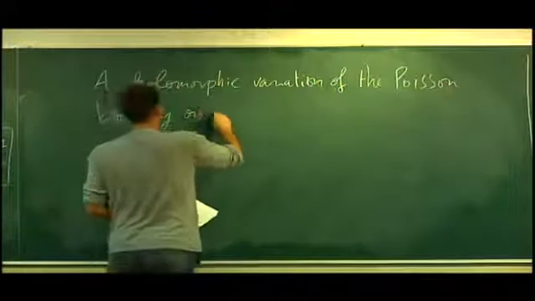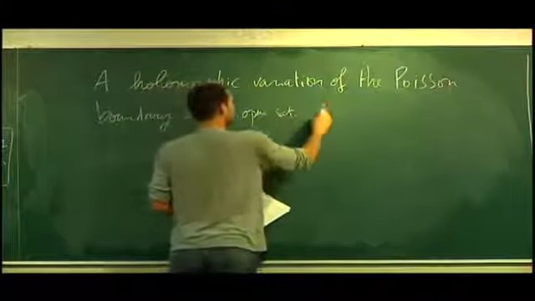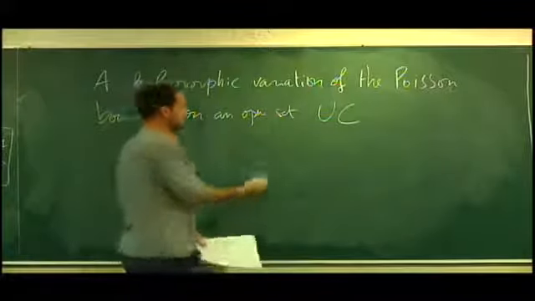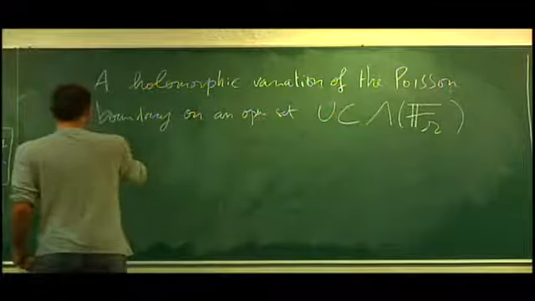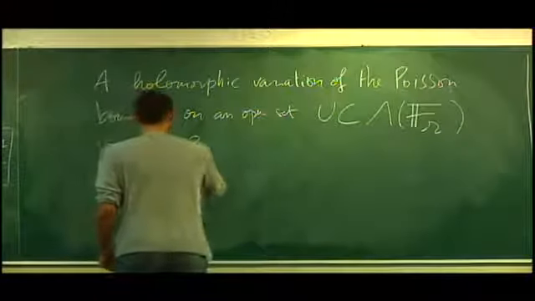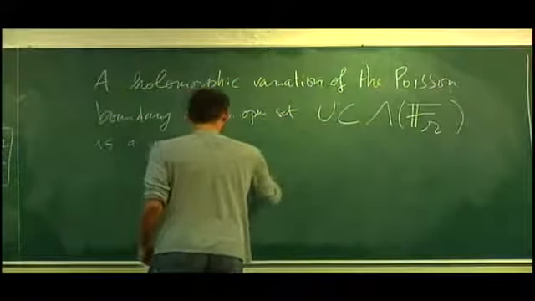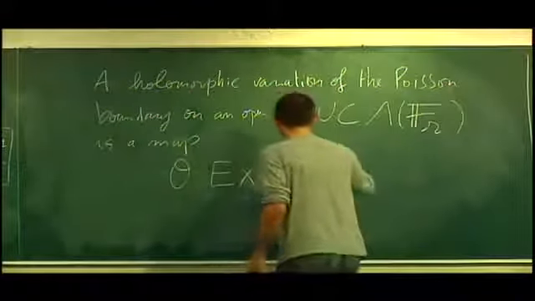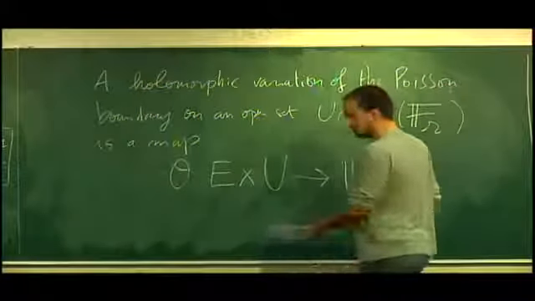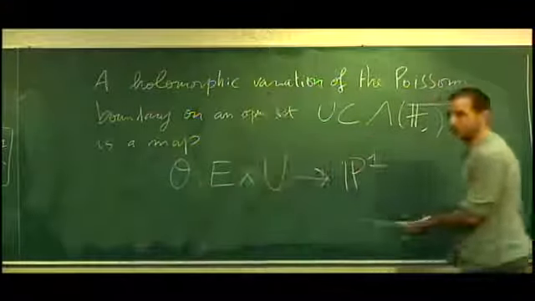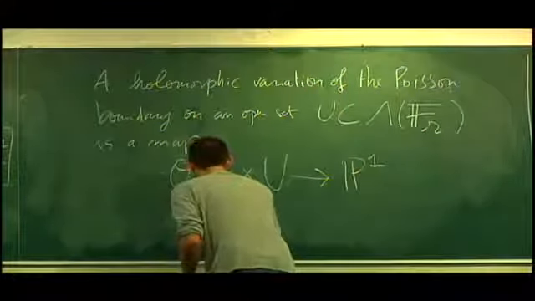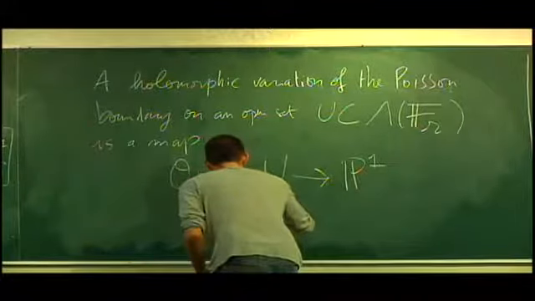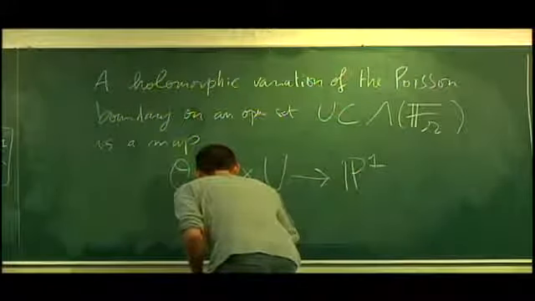On an open set U inside the set of representations that we are considering, it is a map theta from E times U to P1, where E is a measurable subset of the Poisson boundary of full measure.